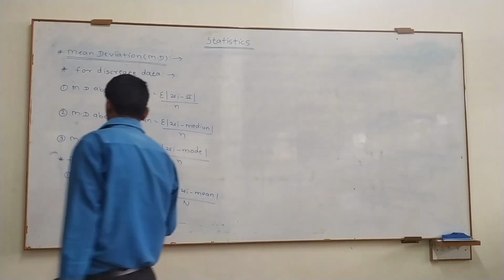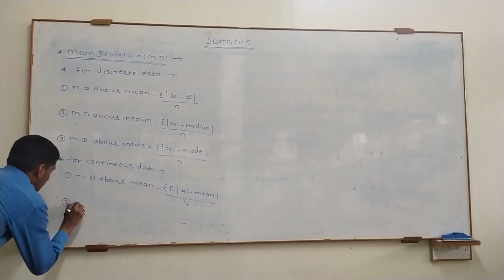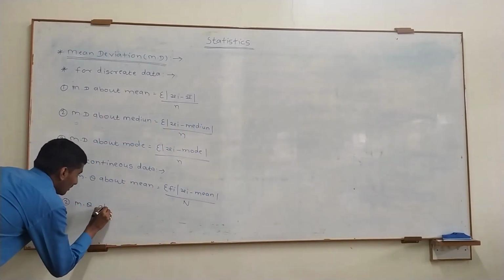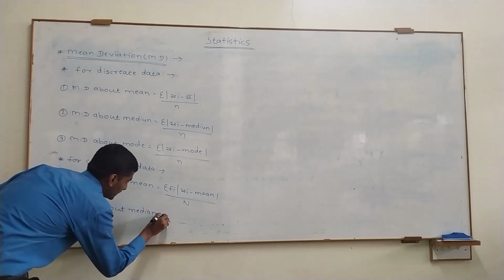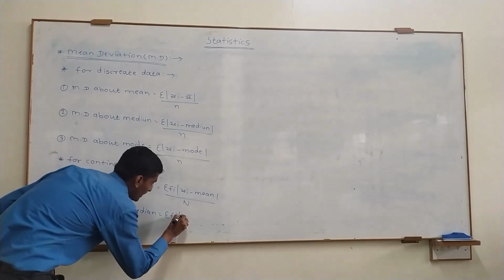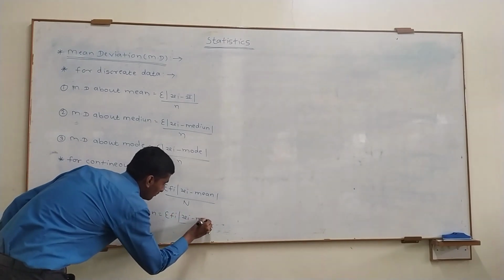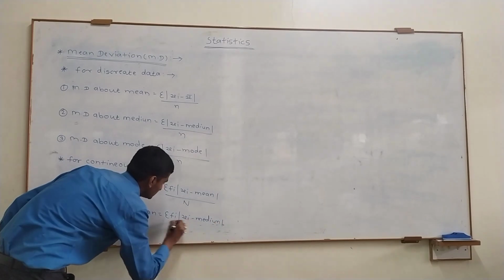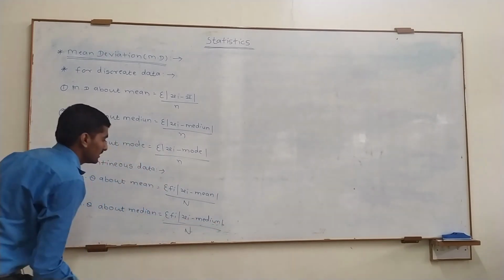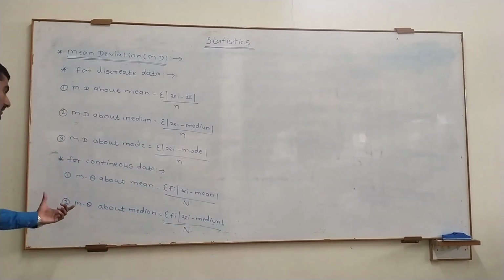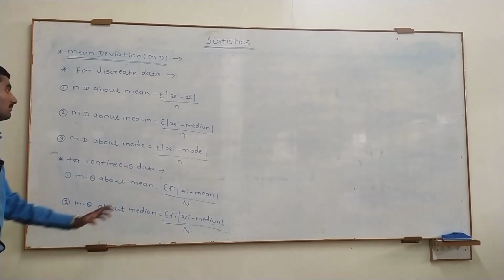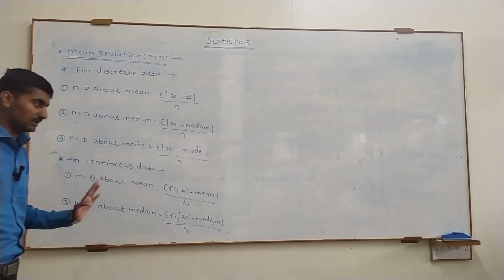The next formula is mean deviation about median: the summation of fi times mod of xi minus median, divided by capital N. Use this formula if they ask to find the mean deviation about median for continuous data.